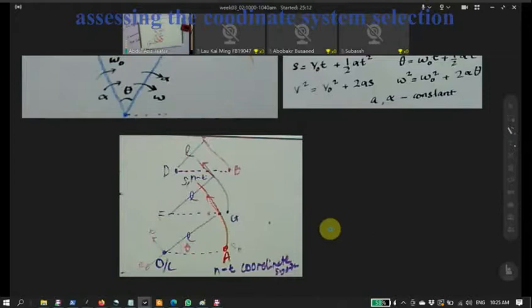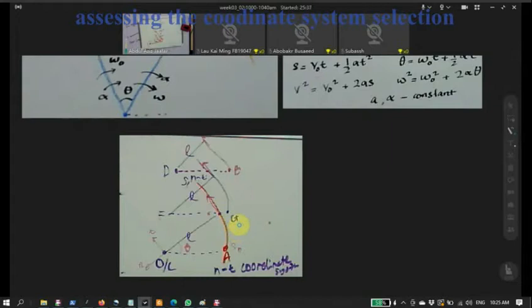Again, I just want to remind you that the reason we use the NT coordinate system is because there are fewer variables, so we can solve it more easily compared to the Cartesian and spherical polar coordinate systems. You can try it as an exercise for your own benefit.